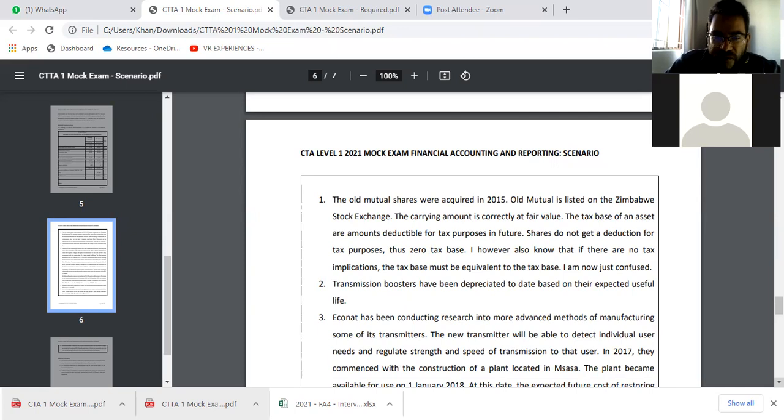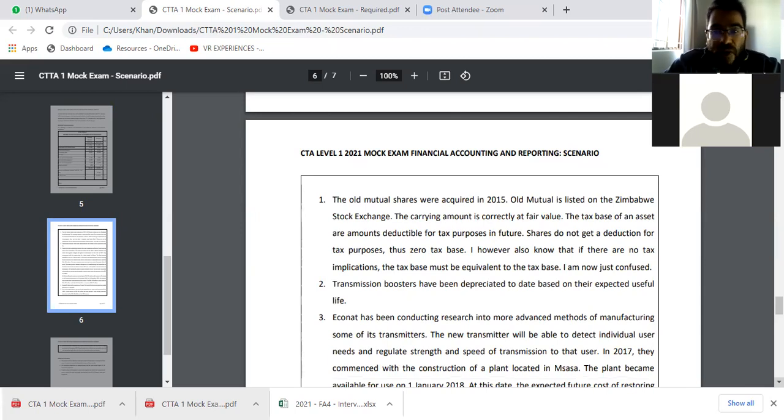I'm now just confused. So if there are no tax implications, then it's correct that there won't be any deferred tax. When there are no tax implications, the tax base is basically equal to the carrying amount.